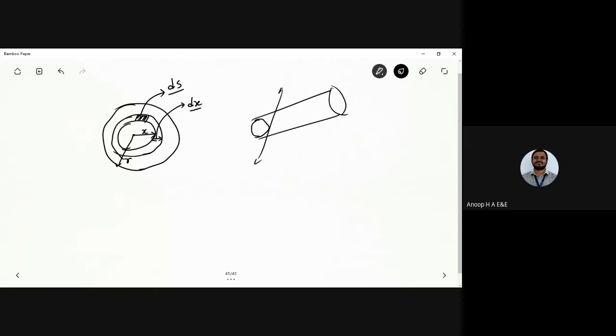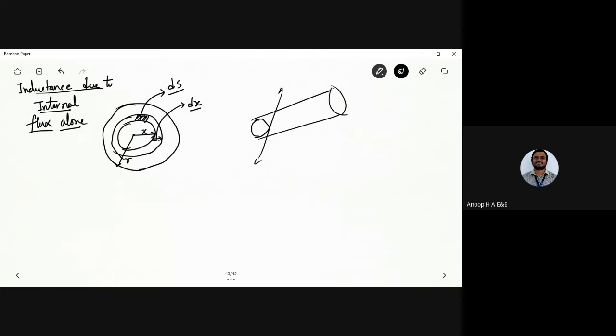Now I'm talking about the inductance due to internal flux alone. Let us start right now regarding this internal flux.